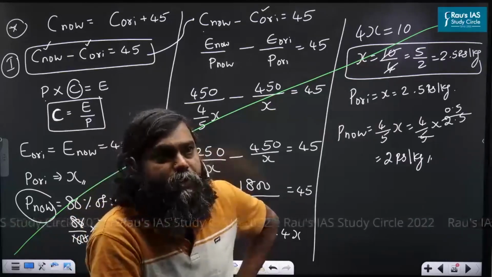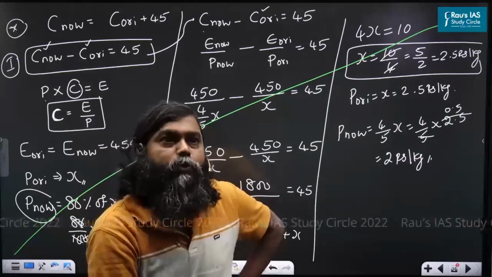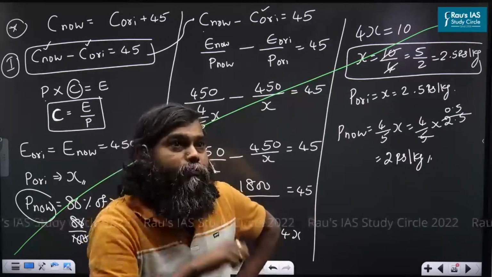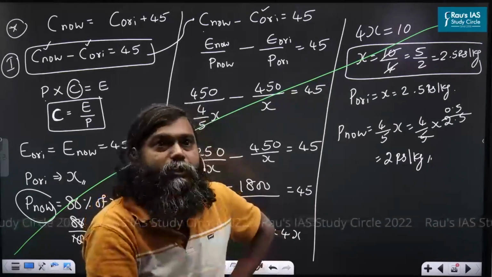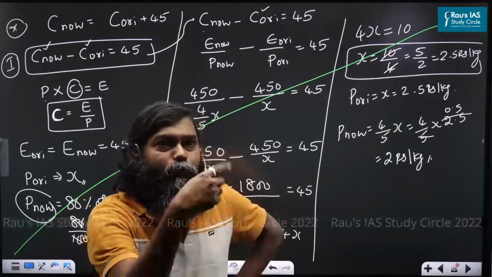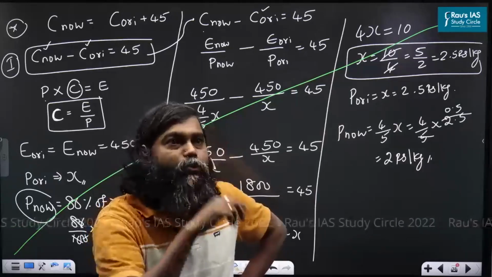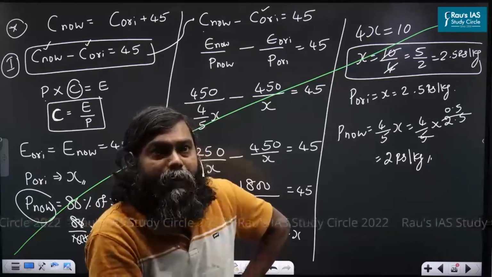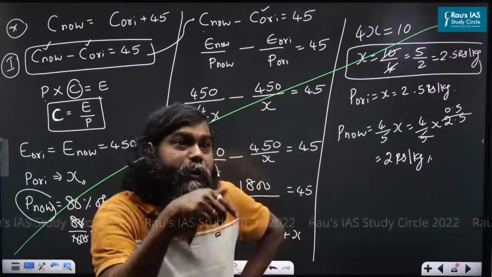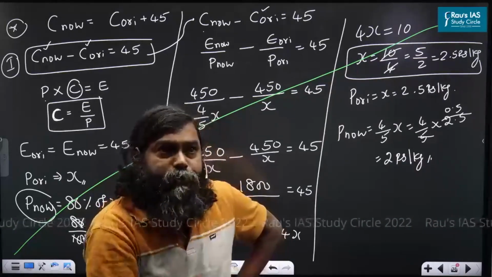That means my expenditure is going to decrease by 20%. 20% of what? Earlier expenditure. What is my earlier expenditure? 450. Out of 450, 20% is 90 rupees. That means the price decreased by 90 rupees, so my expenditure decreased by 90 rupees.